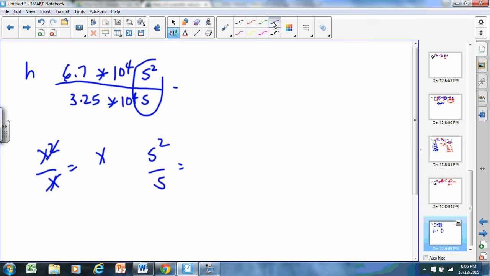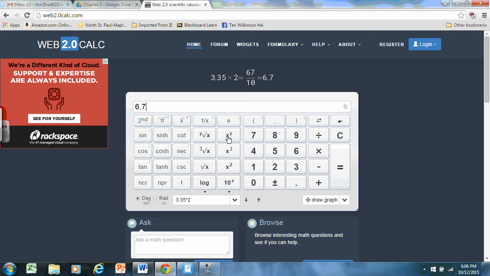That second, okay. Now I'm going to go back to the calculator, because when you're putting this in your calculator, be very careful that you use parentheses, especially when you're dividing.